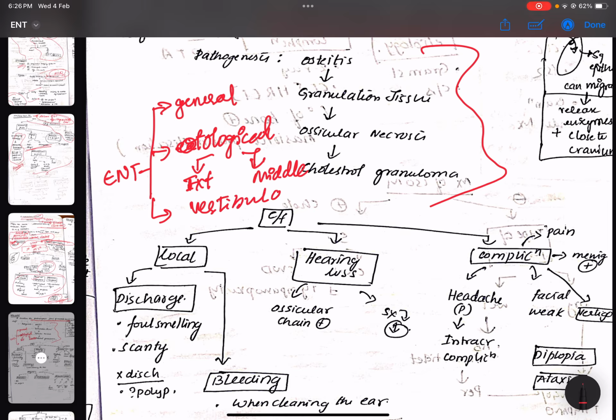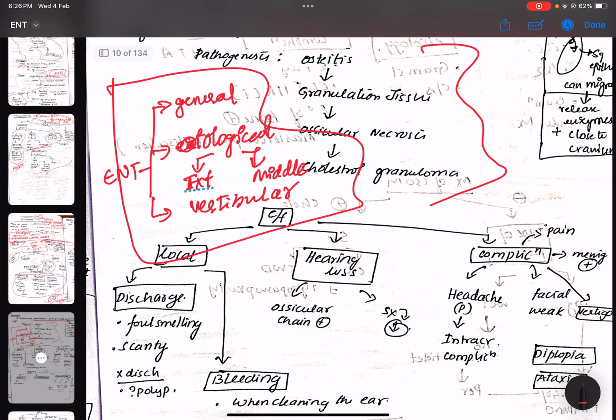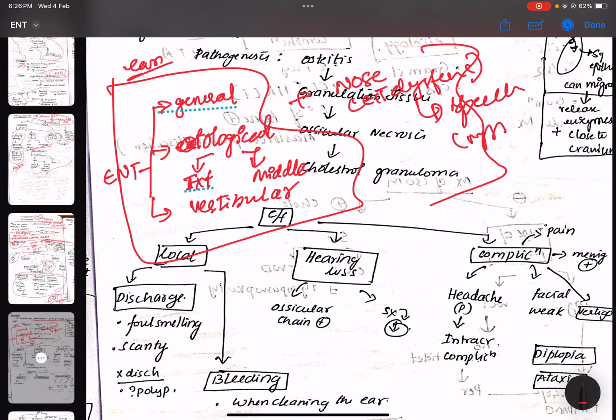So this is how the narration has to go when you are discussing the clinical features of ENT, especially the ear part. Okay, and this is also always related with your nose, that is any eustachian tube dysfunction. So you should also mention that. And if there are any speech changes, that is hyponasal voice, all those things. So this is all in broad.